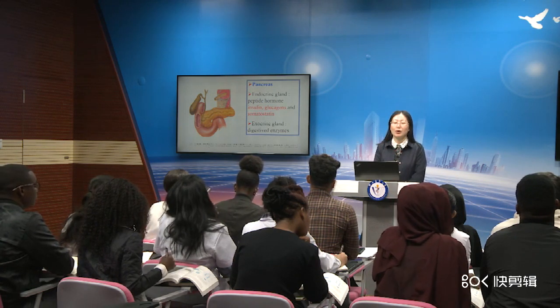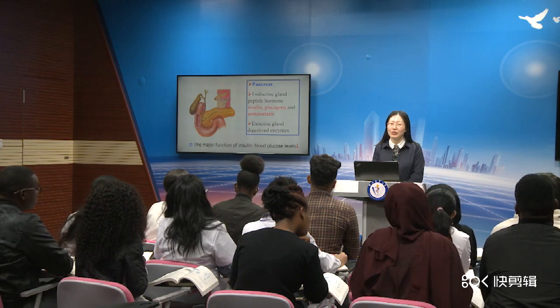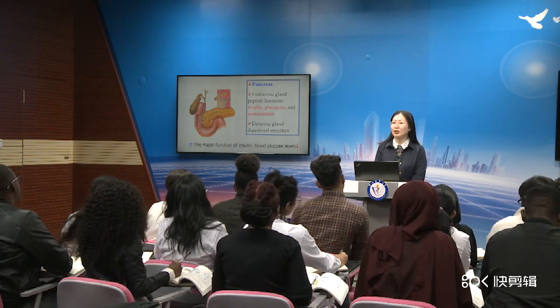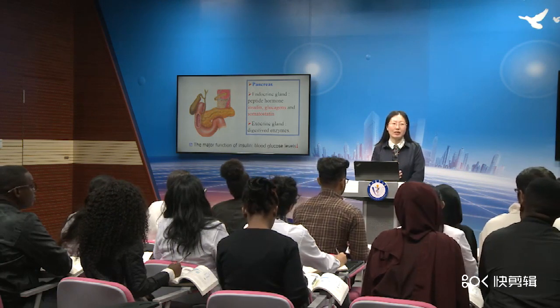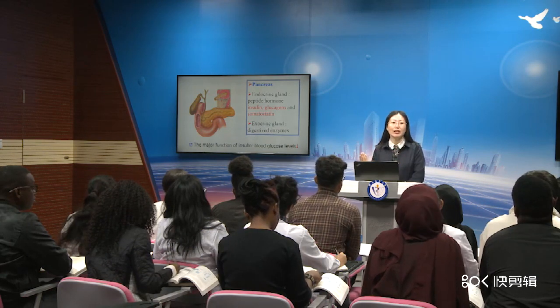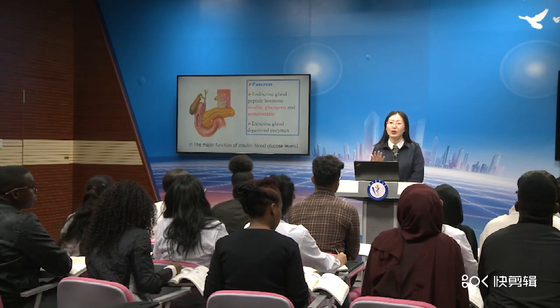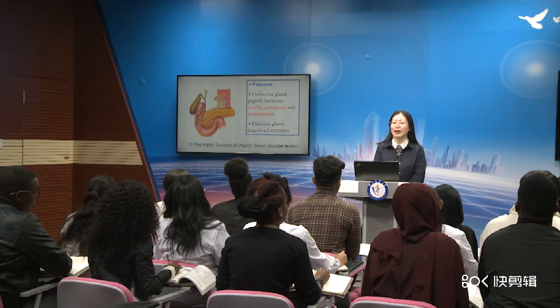So we know the major function of insulin is to reduce blood glucose level. That means if the patients' glucose level increases, insulin insufficiency can induce which kind of disease? Diabetes mellitus.